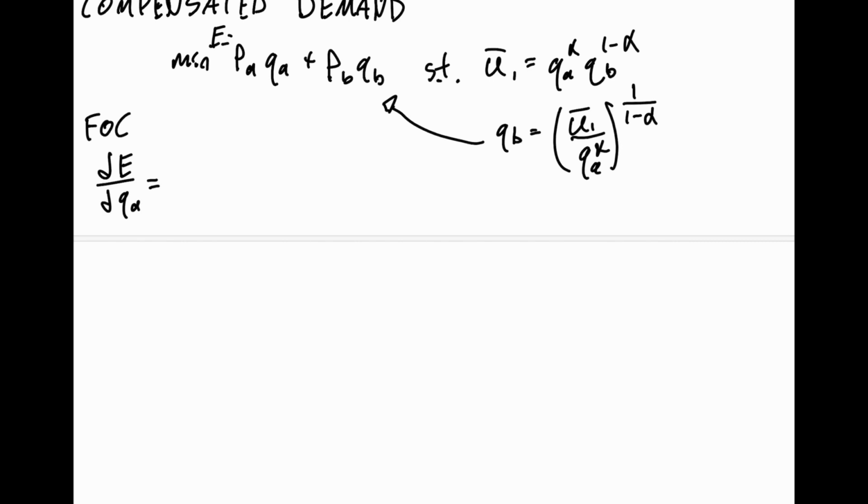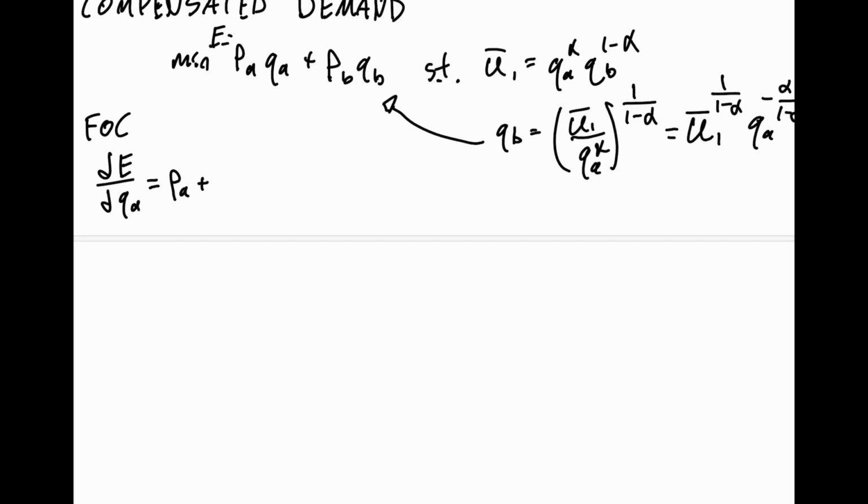So the derivative here is just PA plus. So we have, maybe it's easier to simplify this over here. So we have U bar 1 over 1 minus alpha times QA to the negative alpha over 1 minus alpha.